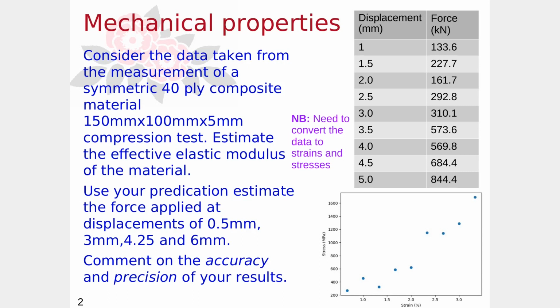Once we've found this estimate, we should be able to use it to predict the force applied at the displacements 0.5, 3, 4.25 and 6 millimeters respectively. Here we need to note that 0.5 is outside the range, so this would be an extrapolation, and 6 is also outside the range, so it would also be an extrapolation.